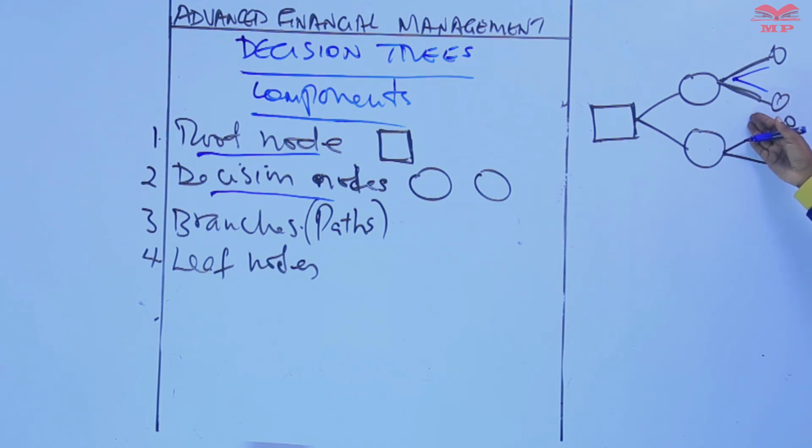So based on the evaluation at each decision node, we follow the corresponding branch until we reach the leaf node. Leaf nodes represent the final outcomes or predictions based on the series of choices or conditions evaluated along the path.